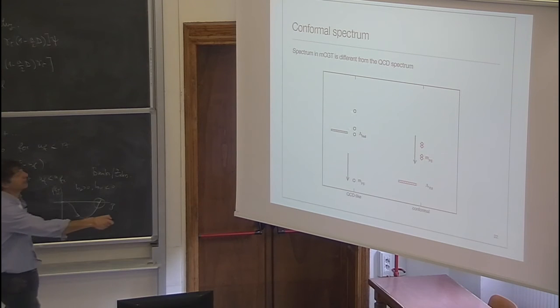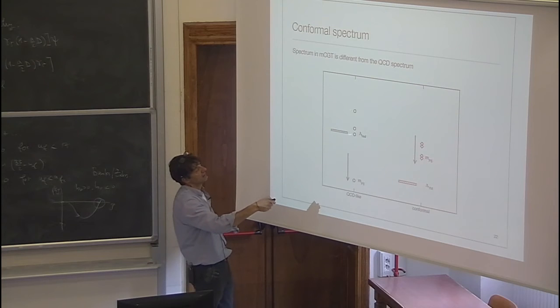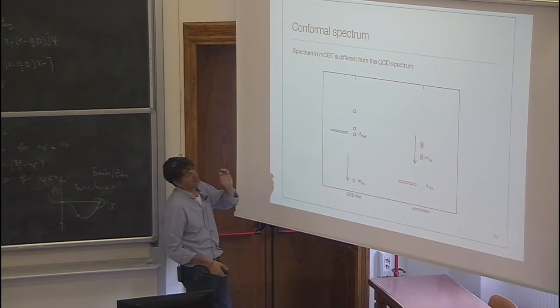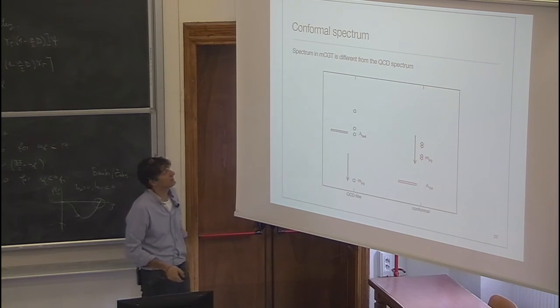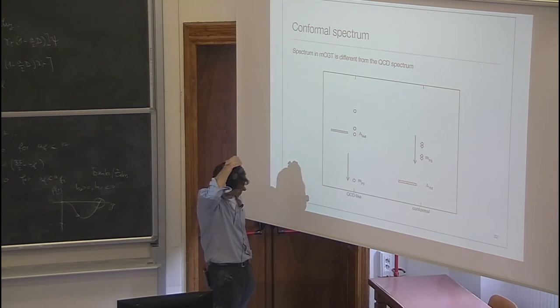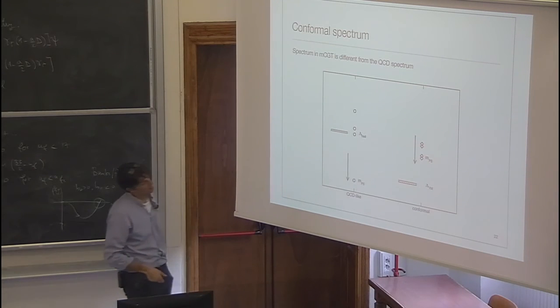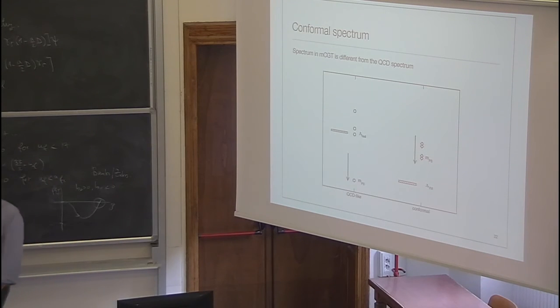So this is the proton, the rho, right? They all live up here, and they're not sensitive to the fact that you send the quark mass to 0. The only state that becomes light is the pion. So at large distances, at very low energies, QCD is just a theory of pions, okay?